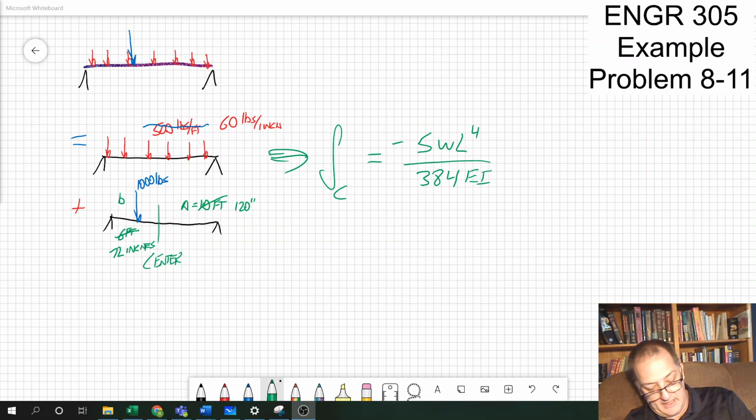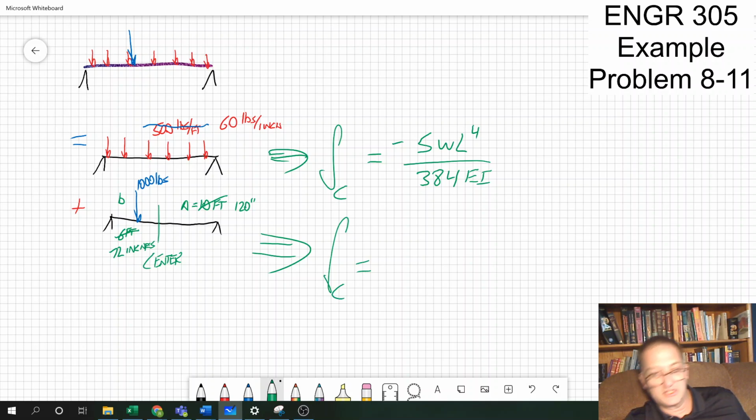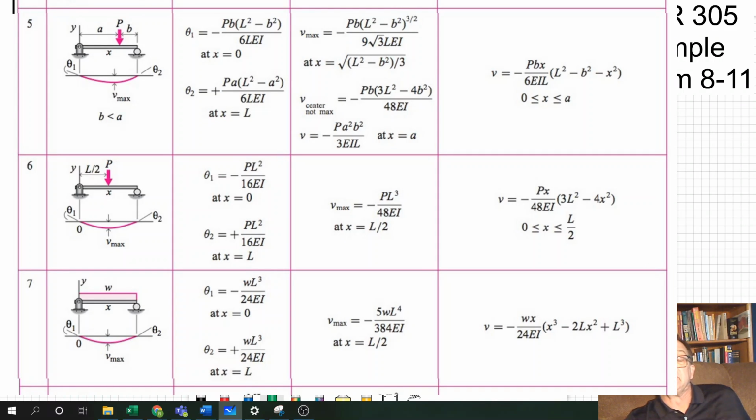Now I still have to write down this deflection. Delta at the center is equal to, and I got to put my equations up there. I want to know the displacement at the center, but that's not the maximum, and that's okay. I'm not worried about the max. They asked me about the center.